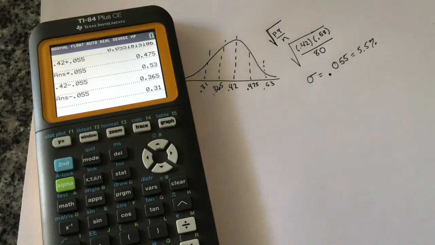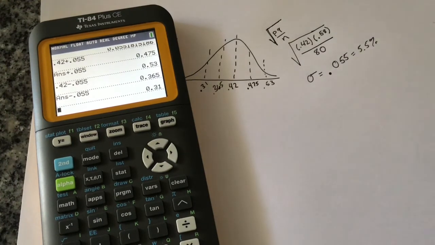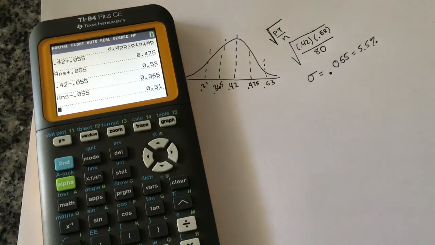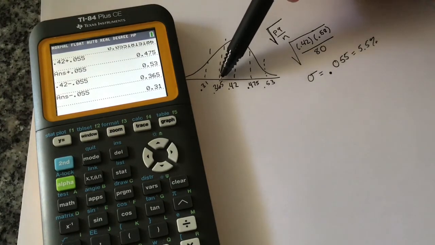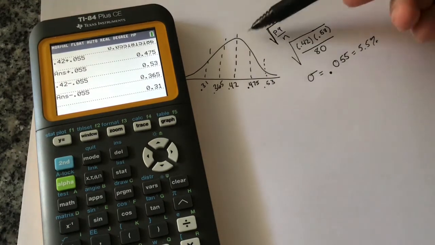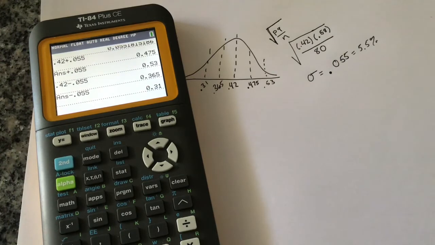This tells us that in 95% of the cases where we have people come in to donate blood, we will have between 31 and 53% of the people with type A blood. 68% of the time we'll have between 36.5% and 47.5%. And the average amount of people, the most common amount of people, will be 42.